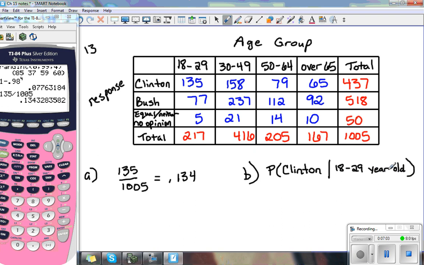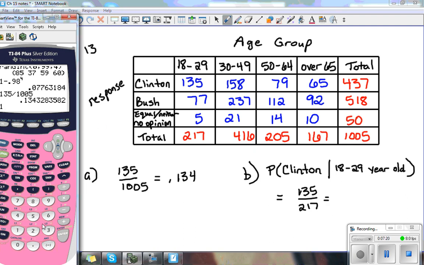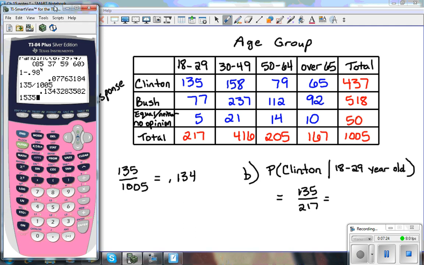So this becomes my new sample space. So I'm looking at just the 18 to 29-year-olds. There were 217 of them, and 135 of them chose Clinton. Whoops, we're having some problems here too on the calculator.